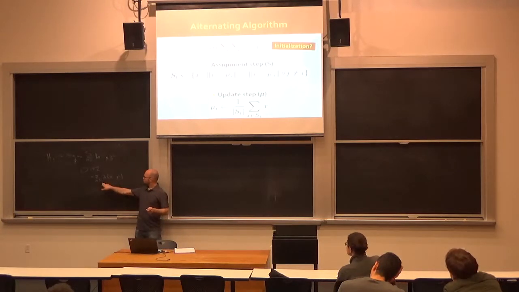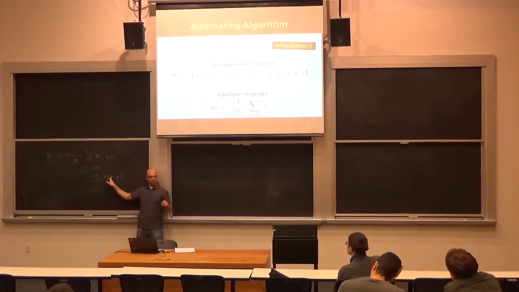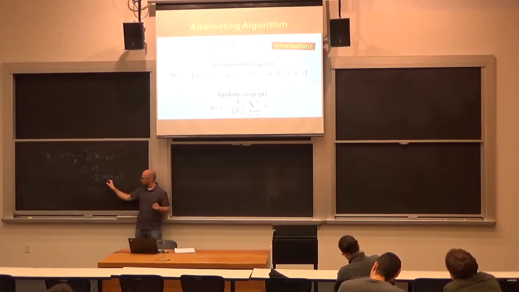Okay. So what is the sum over s of this value x? S is a fixed set. So what is the sum of x? Well, it is what it is. What is the sum of mu i? Well, mu i has no dependence on x, right?